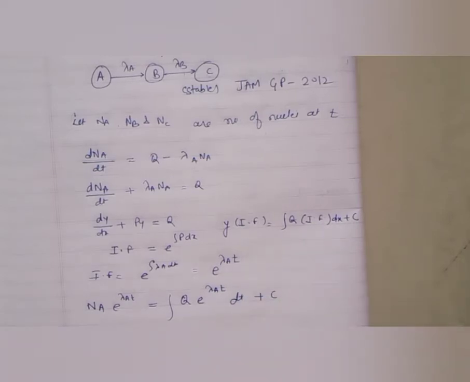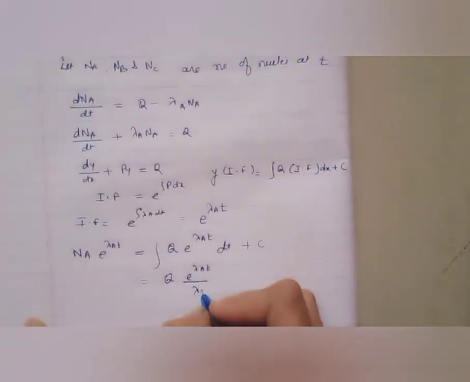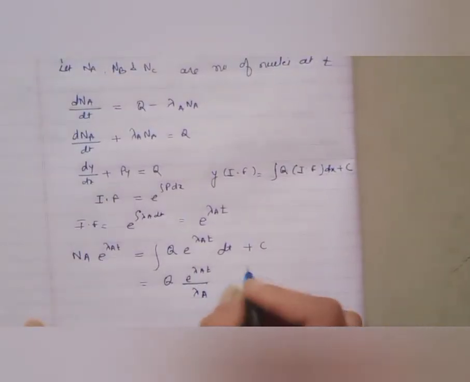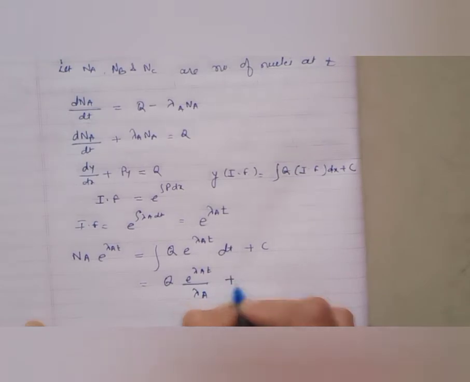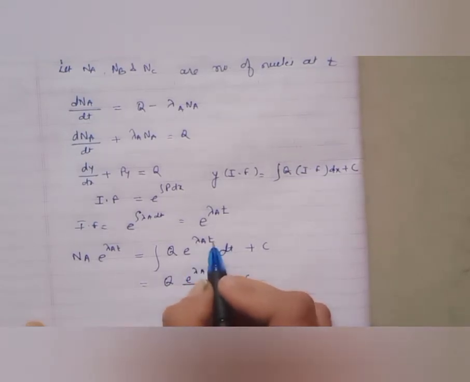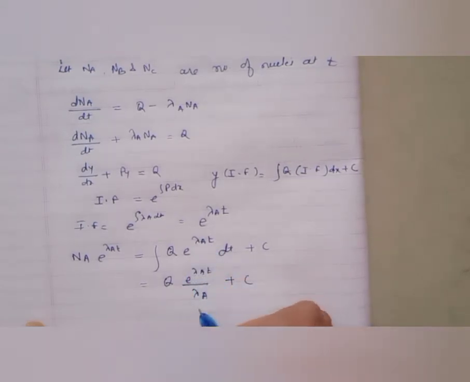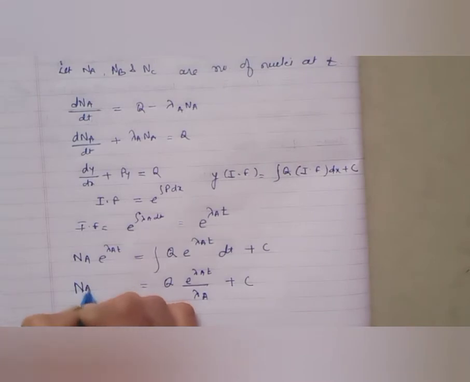Q is constant, so I took it outside, plus c. So Na e raised to lambda A t equals this.